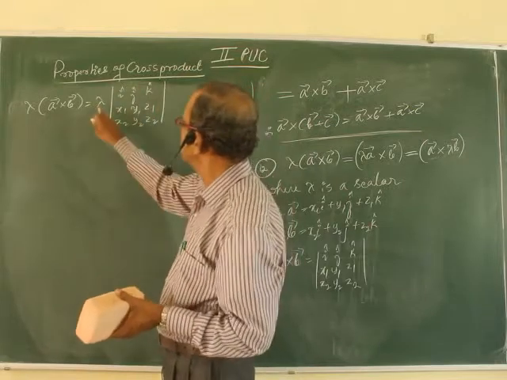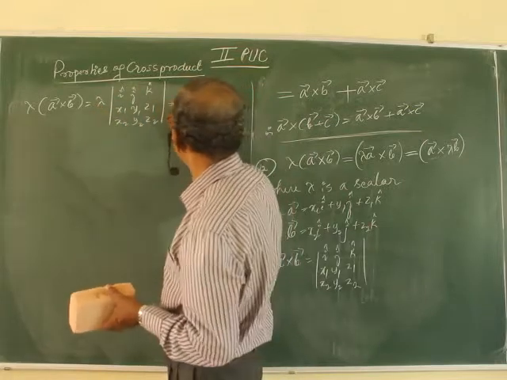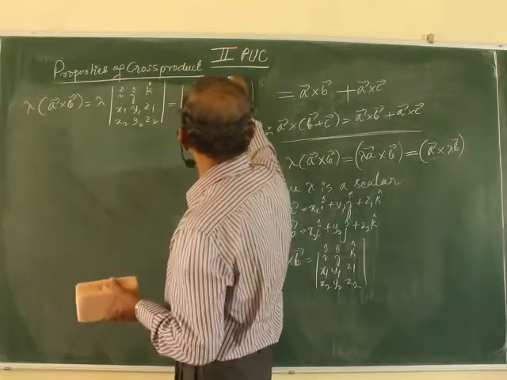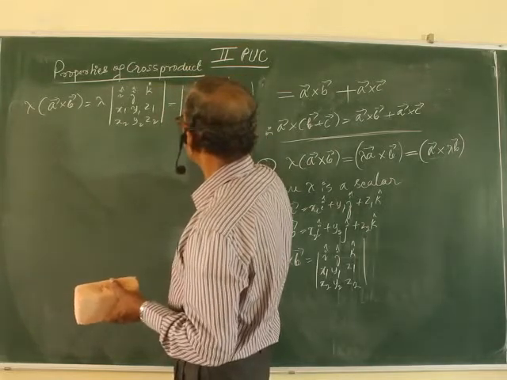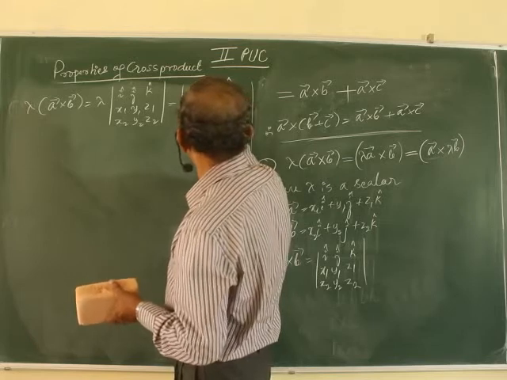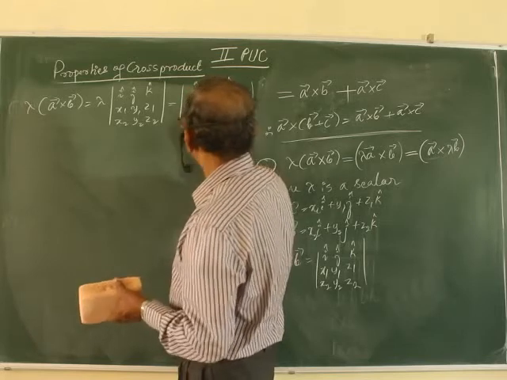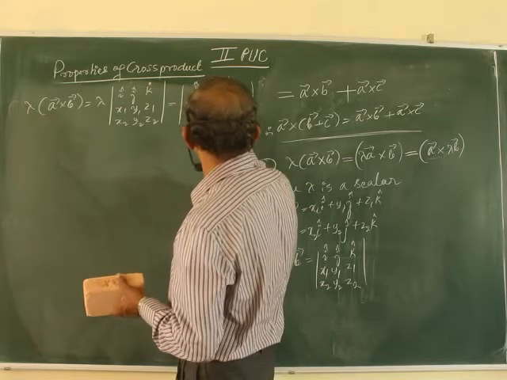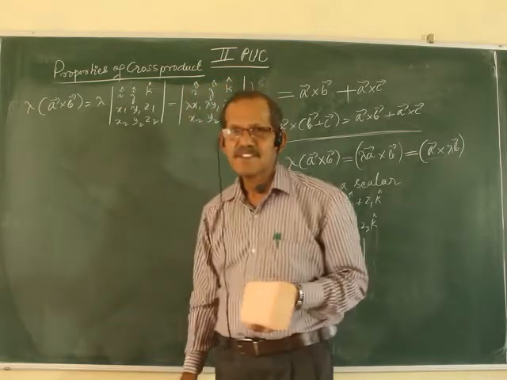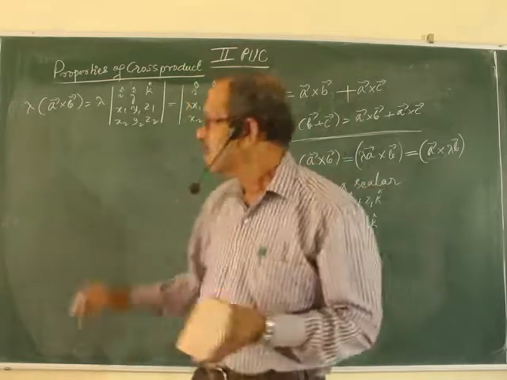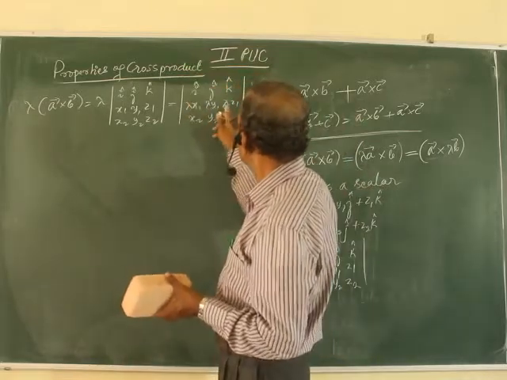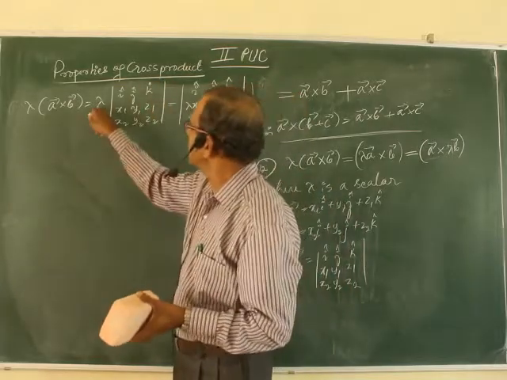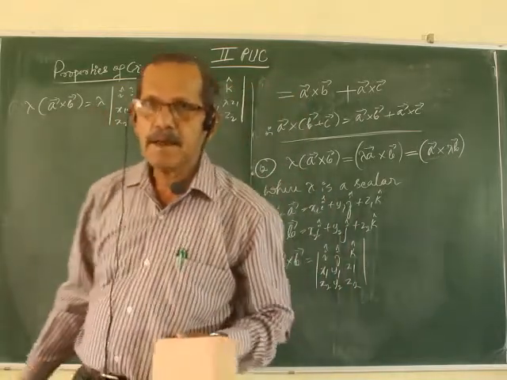The whole determinant is multiplied by the constant, so only the first row is multiplied, third row as it is. If the second row is multiplied by the constant lambda, then the whole determinant is multiplied by lambda.